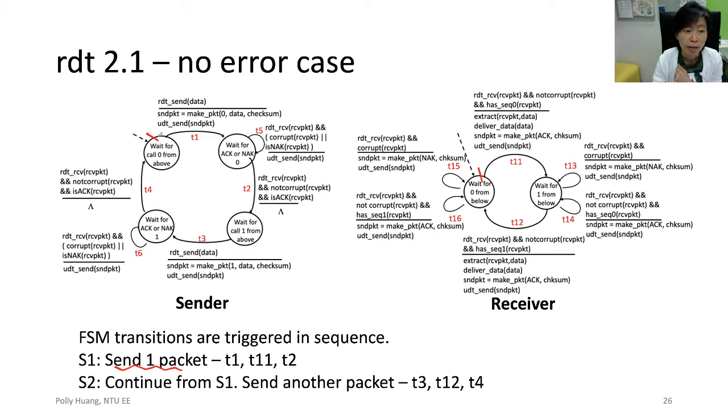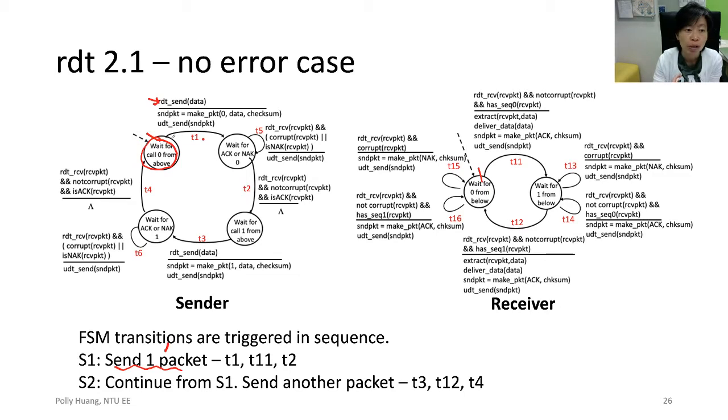Now, we're here at the starting state, so to determine what transitions to take, let's check out what the transitions are. Starting from this state, there's only one possibility, which is T1. And it happens to be what? Getting a call from above, which is to send one packet.